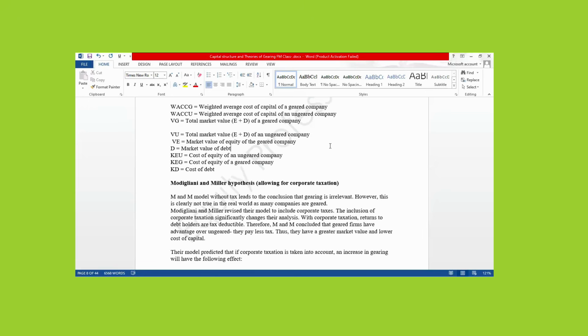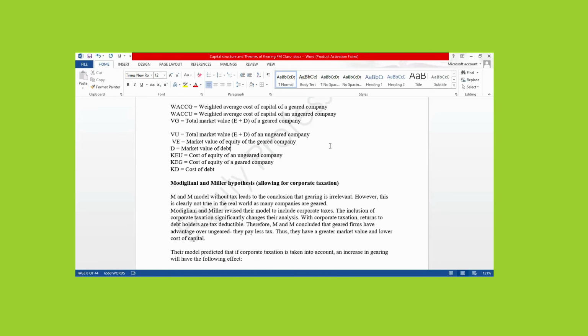Reduction in your cost of capital will increase the value of your company. Modigliani and Miller argue that where there is taxation, the level of gearing, your choice of capital structure, will affect the value of your company.